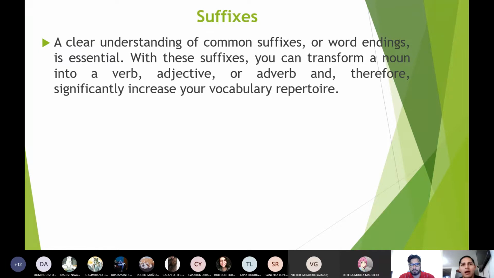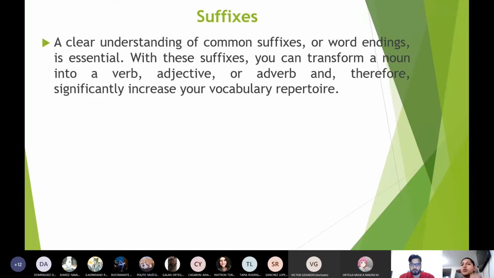If you are able to understand that the most common suffixes in the English language and the word endings are able to change from one part of speech to another, I mean a word, lexis, you will be able to increase your vocabulary repertoire.